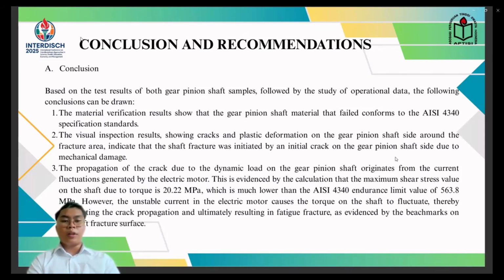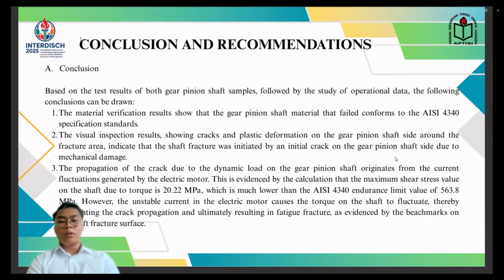The propagation of the crack due to dynamic load on the gear pinion shaft originates from the current fluctuations generated by the electric motor. This is evidenced by calculating that the maximum shear stress value on the shaft due to torque is 20.22 MPa, which is much lower than the AISI 4040 endurance limit value of 563.8 MPa.